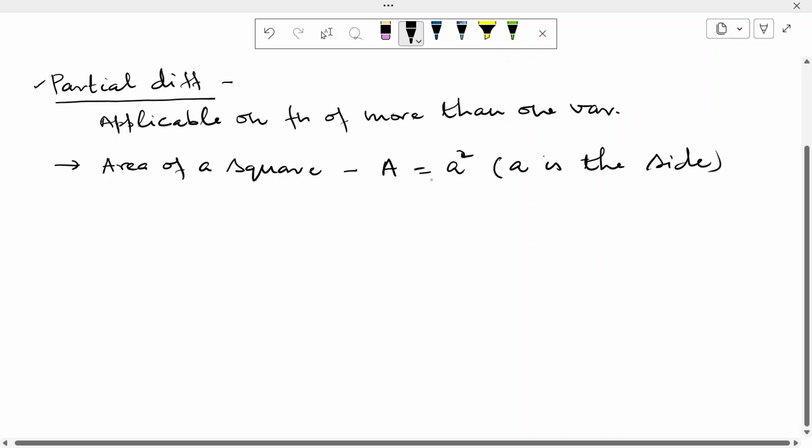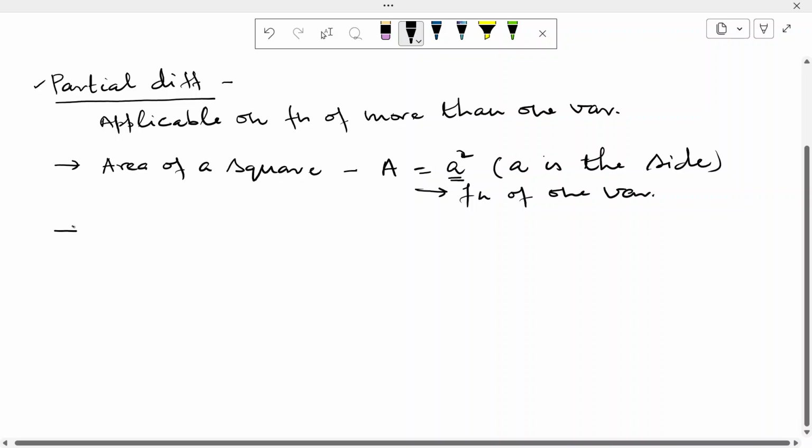So here this is the case of a function of one variable. This area of a square depends only on one variable, which is the side of the square.